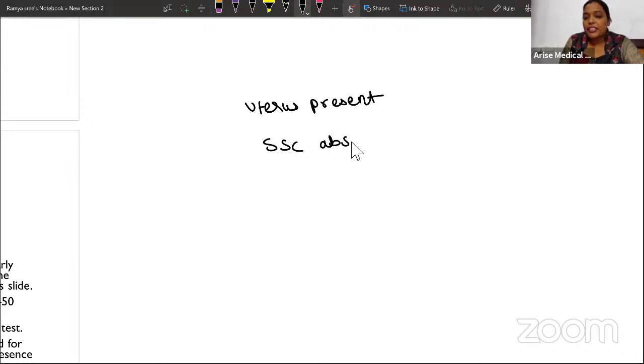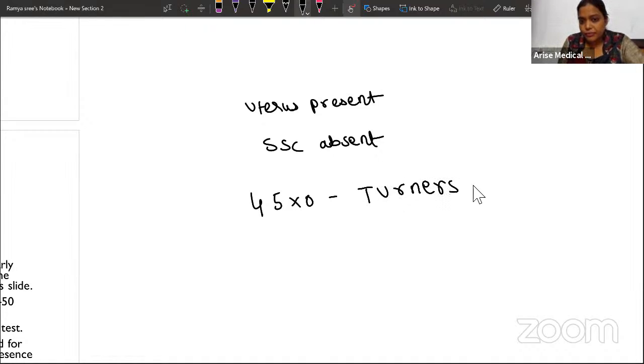Uterus is present, but secondary sexual characteristics are absent, and karyotype is 45XO, it is Turner's. And if it is 46XY, Swyer, which is an SRY gene mutation.